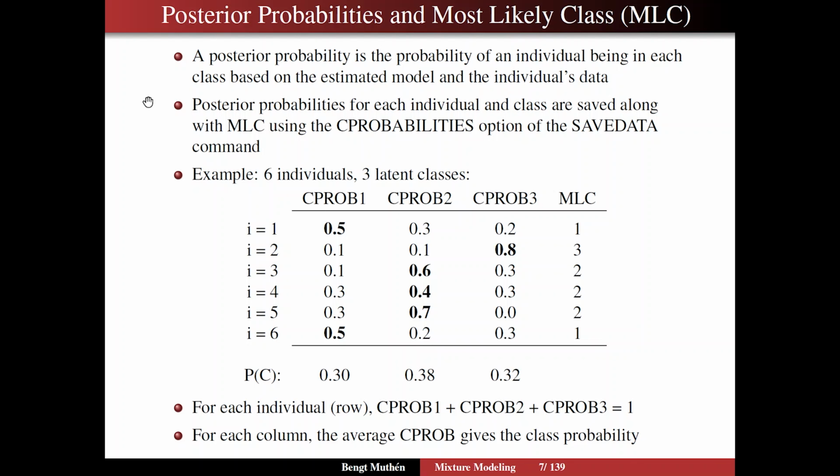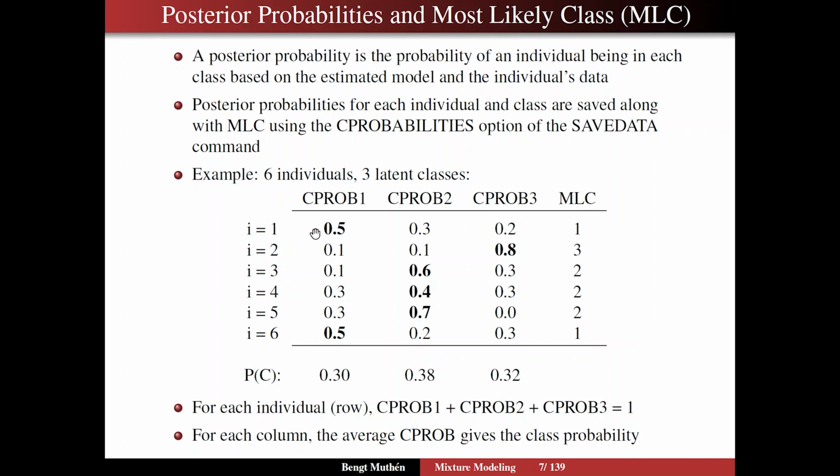For instance, this is an example that we're going to see several times: 6 individuals, 3 latent classes. You have the individuals, 1 through 6, as rows, and the columns are the probability of being in class 1, class 2, class 3, and the most likely class designation.